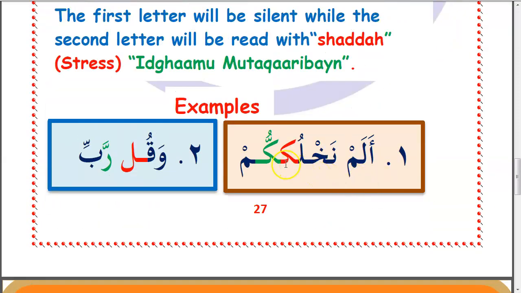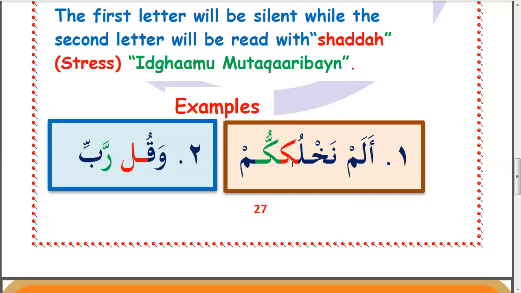Okay, here we have two kaf letters. Just consider the first one as a qaf, not a kaf, because this is supposed to be qaf. The qaf will be silent because it has been put into the kaf.